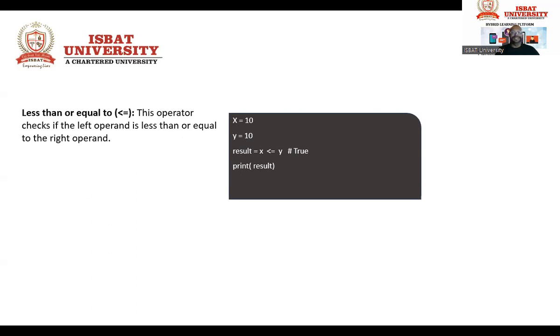So in this case, we know that x is not less than y, but x is equal to y. So definitely the left operand, when compared with the right operand, satisfies one condition, it is equal to, it is either less than or equal to, and we'll get a result true. Look at the outcome of the execution of the code.